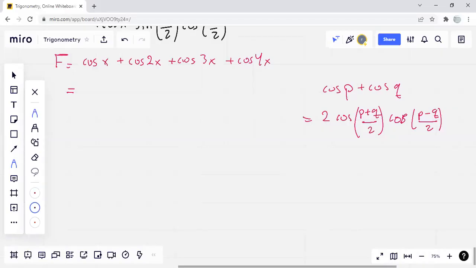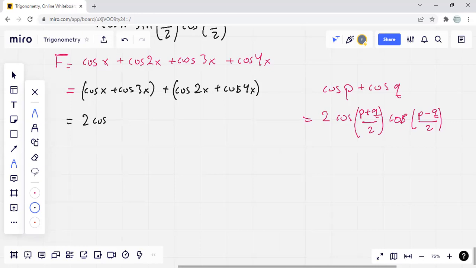Okay, so we have cosine x plus cosine 3x. We said we'll do these together, plus cosine 2x plus cosine 4x. Okay, now this would give us 2 cosine of the sum over 2.